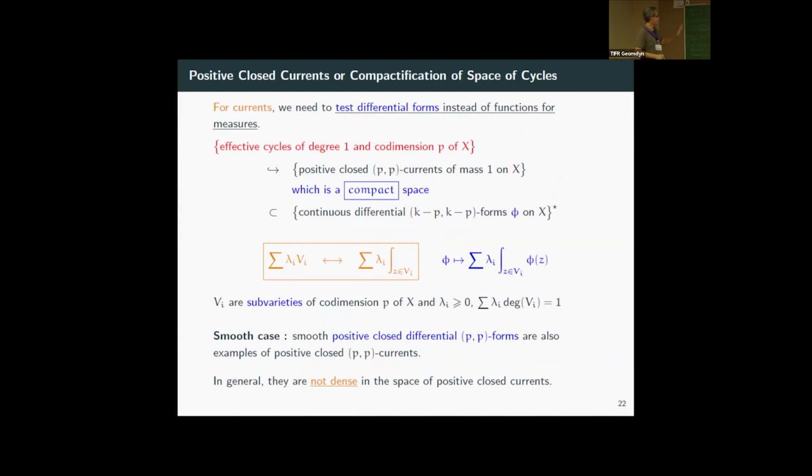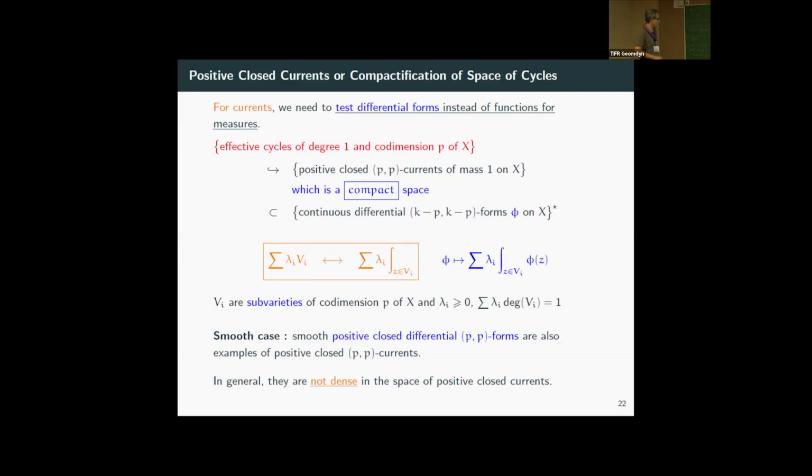So here you don't use general currents, but you use some positive closed currents. So the picture is similar. So assume that you have now, instead of points, you have a subvariety of codimension p. So V_i is a subvariety of codimension p, positive, and the sum of lambda_i times degree of V_i is equal to 1. Then you can consider this finite combination, sum of lambda_i V_i.